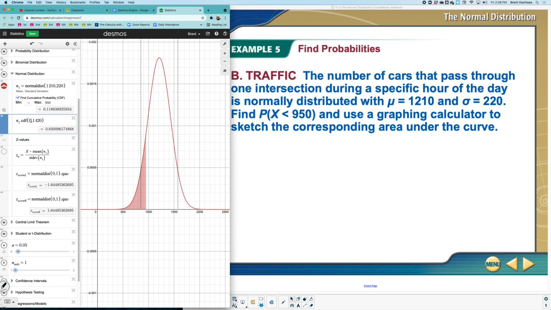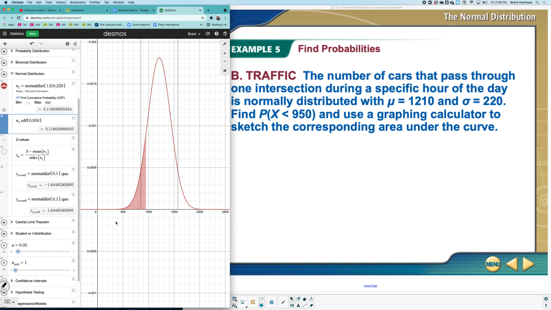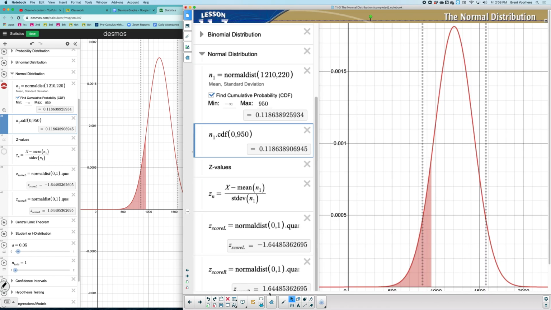And over here, if you were going to type this in, you can't have a negative amount of cars, so I'll put a 0. If you were going to actually type it in the calculator, you'd have to do it like this, 0, comma, up to 950 cars. And you can see that, again, this is the same number. The probability of having 950 cars or less drive through the intersection looks like it's just below 12%. So let's go ahead and add this picture in there.